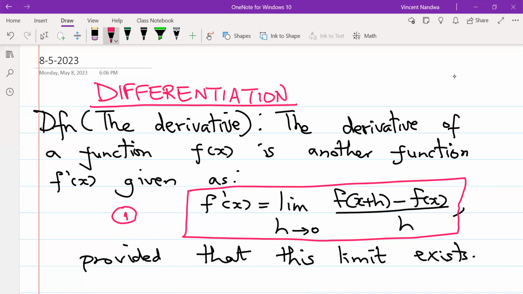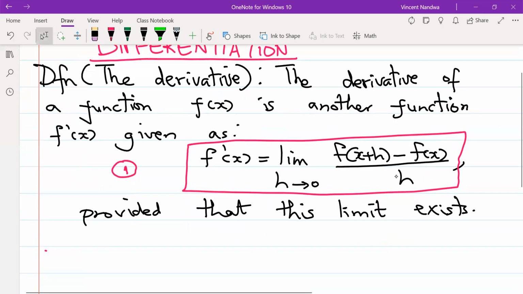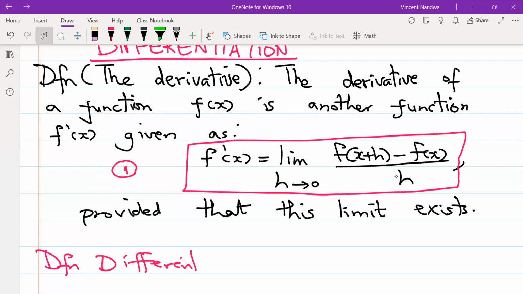Let me know when to proceed. Okay, good. So let's define the term differentiation.